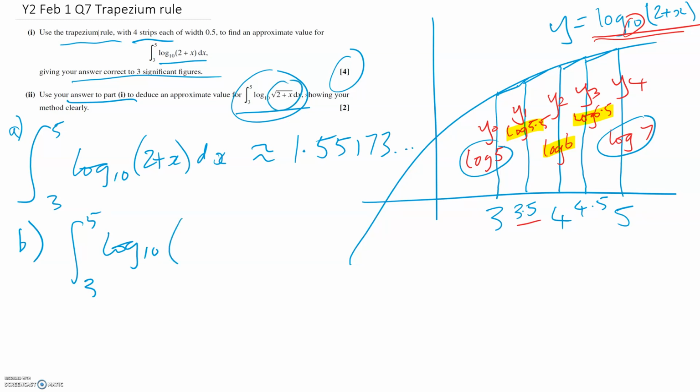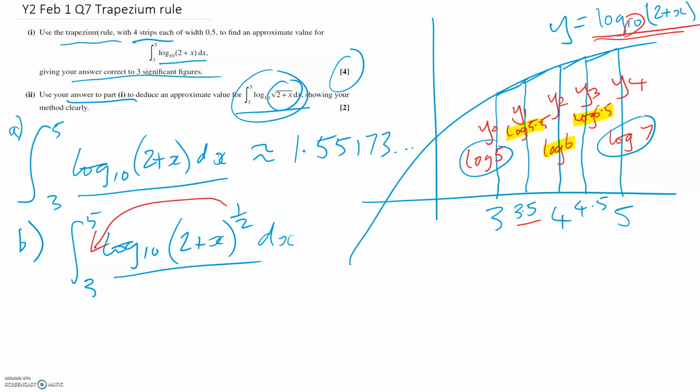And as I'm sure you know, when you square root something, it's the same as doing that to the power of a half. So comparing the 2 equations, all we need to do is move that half to the front using the laws of logarithms, and the integral we're trying to find becomes just a half of the previous one.